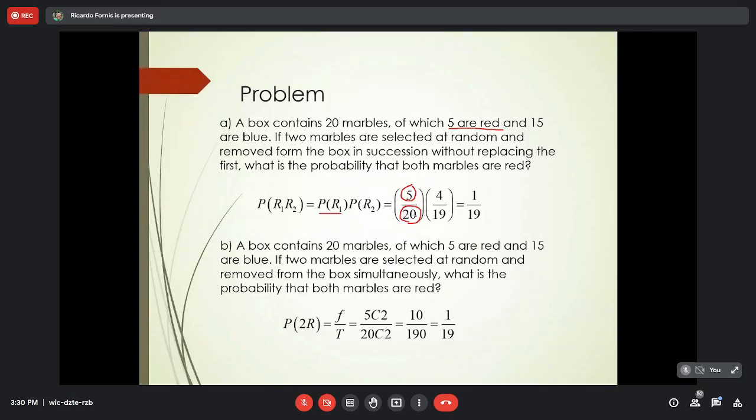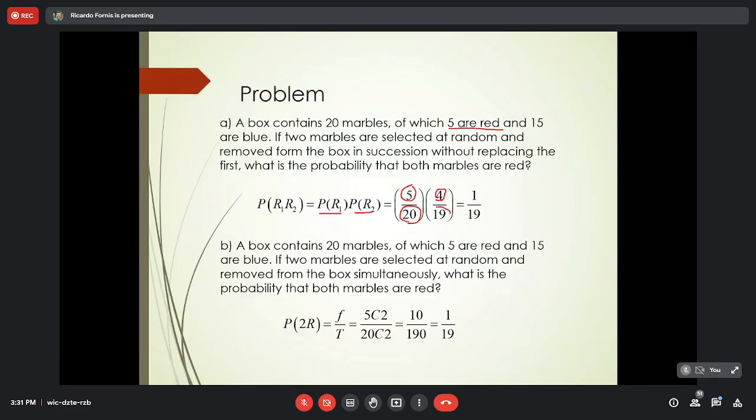In the next draw, the probability of getting another red would be 4 because one red ball has been removed already. So there are four red marbles left.